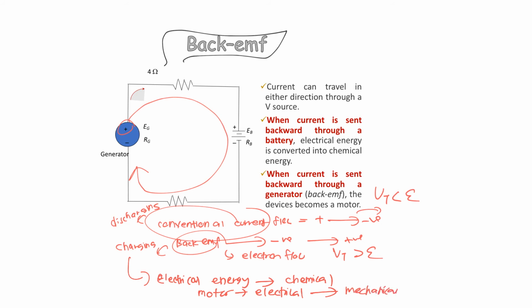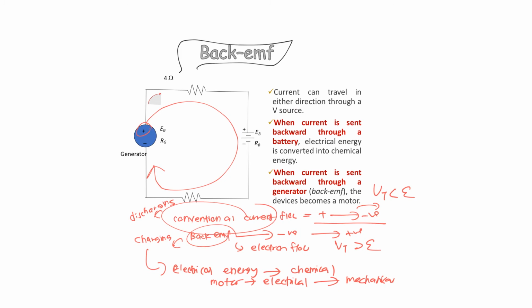For discharging, it's going to be like a battery. When you connect to the circuit, the conventional current flow from positive to negative causes discharging. Another example is a generator, which converts mechanical into electrical, like a battery converts chemical into electrical.